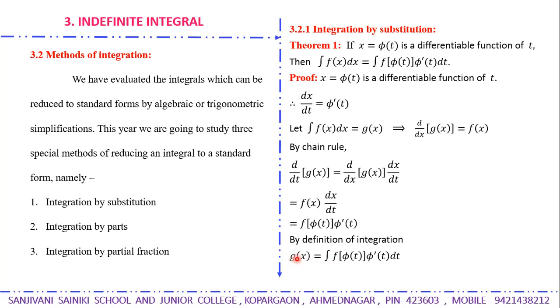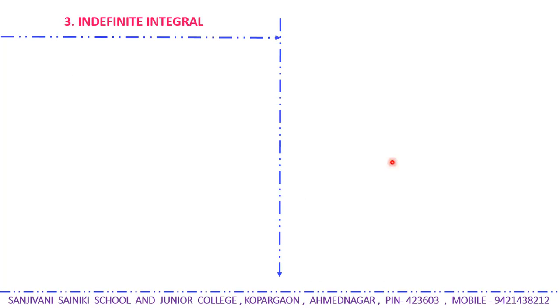Again we have to go back. g of x is the integral of f of x dx. So integral of f of x dx is equal to integral of f of phi of t into phi dash of t dt. Here x is equal to phi of t is the substitution to solve the given integral.